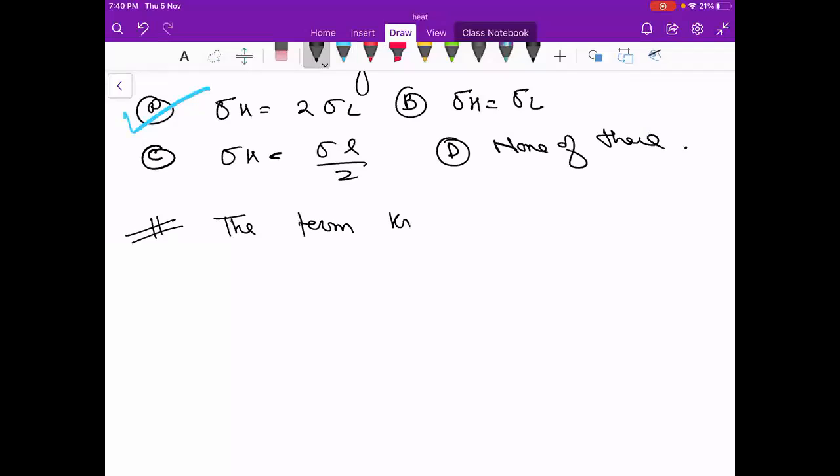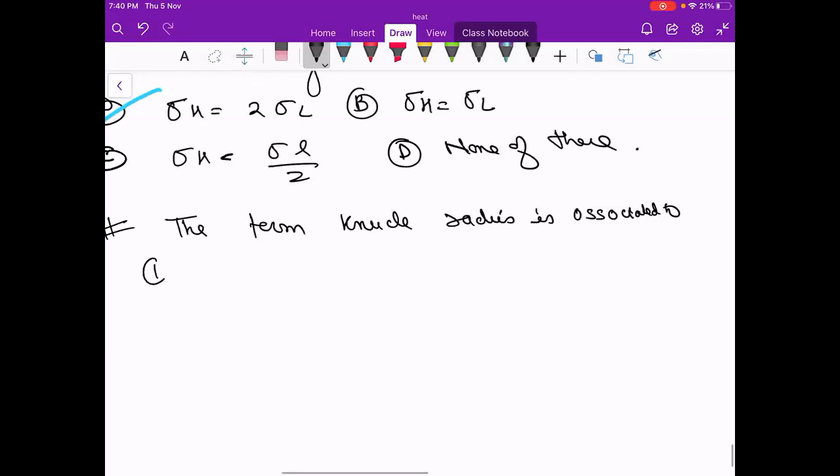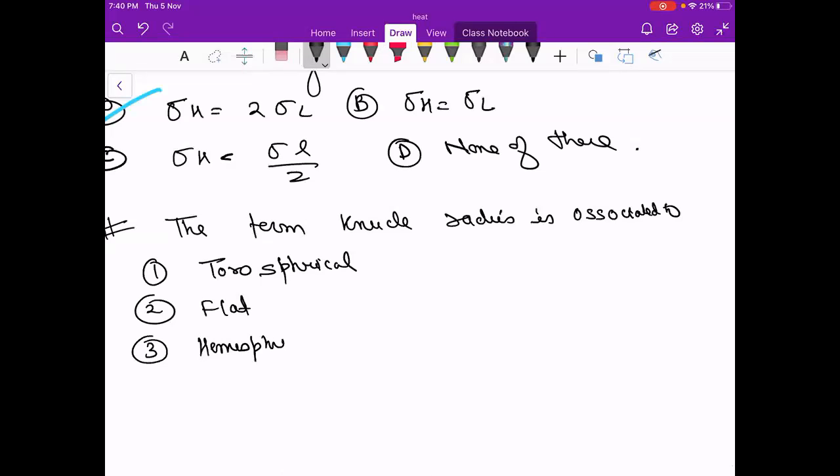The term knuckle radius is associated to: torospherical, flat, hemispherical, none.